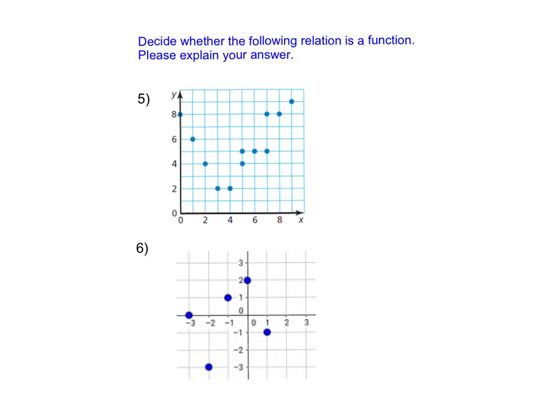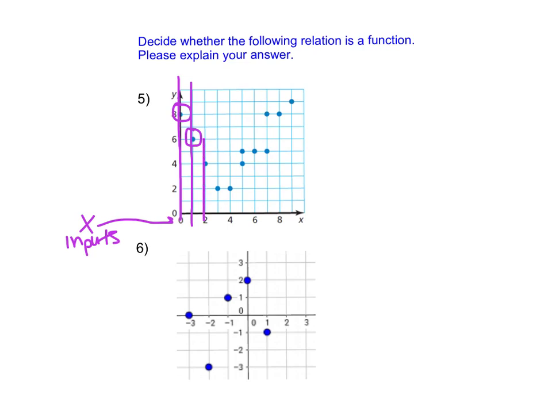Okay, so here we have a graph. As we look at a graph, we need to remember that our x values are our inputs. So what we're looking for is that each input has exactly one output. If I look at the input of 0, it has exactly one output of 8. The input of 1, exactly one output of 6.